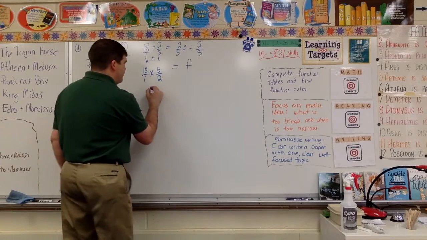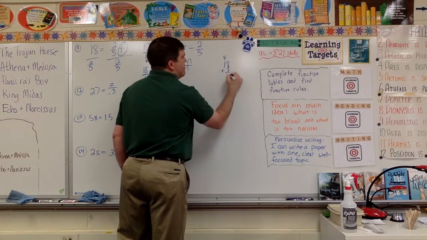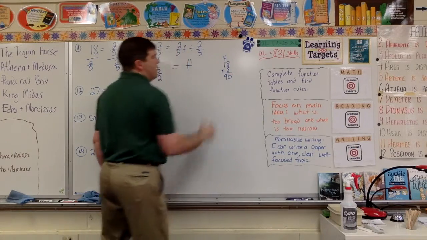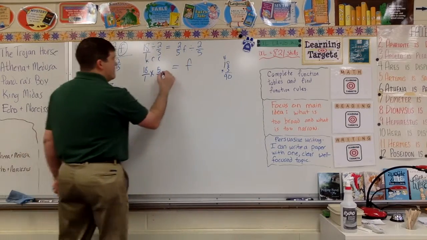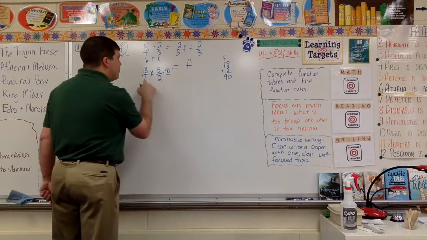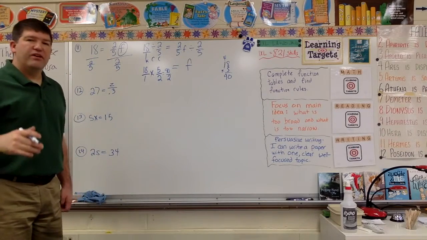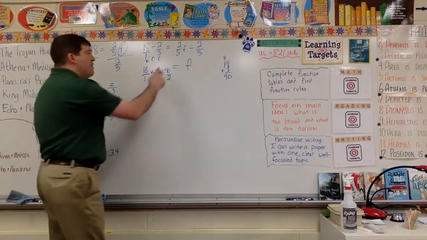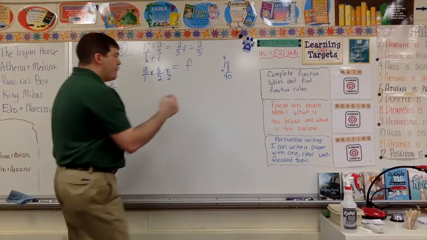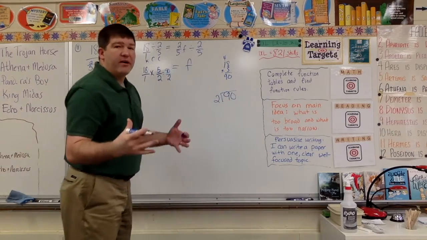18 times 5, and if I come over here, 18 times 5, that equals 40, and that's a 9. So 90. So the top is 90. 1 times 2 is 2. So 90 over 2. And if I do 90 divided by 2, maybe it'll come out even.